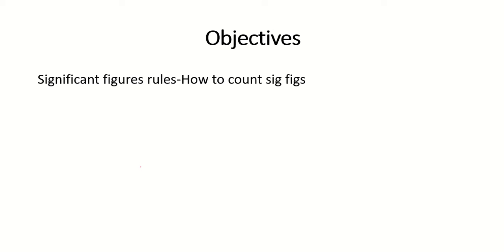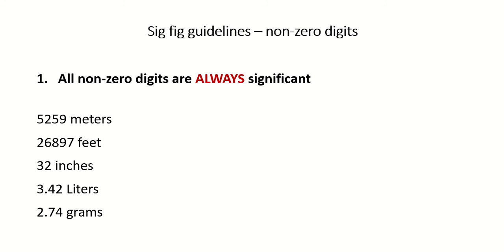In the previous video, I discussed the rules regarding significant figures. So please go back to that video and try to understand the deeper concept about significant figures. In this video, I'm going to show you how to count the correct number of significant figures in a given number.